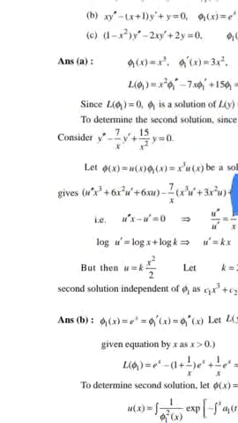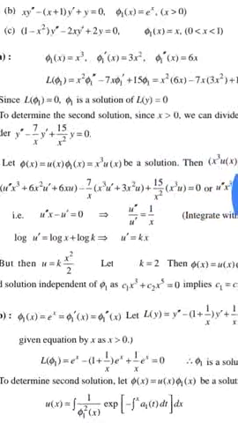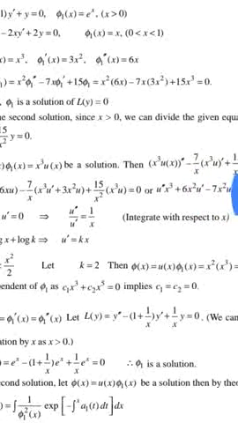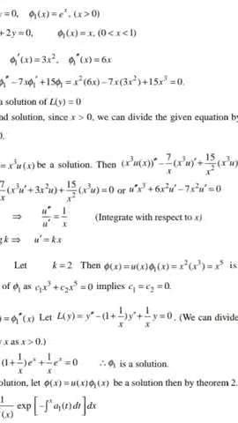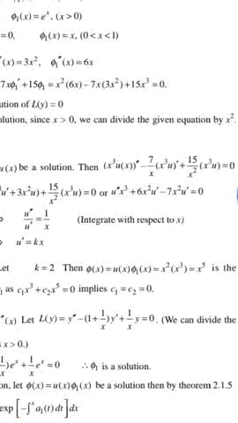Let phi of x is equal to u of x phi 1 of x is equal to x cube u of x be a solution. Then x cube u double dash minus 7 by x x cube u dash plus 15 by x square x cube u is equal to 0.